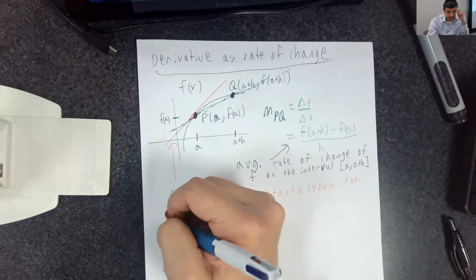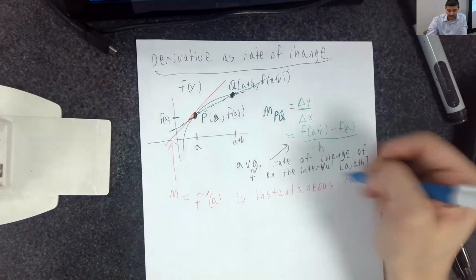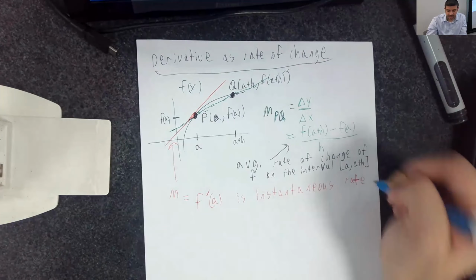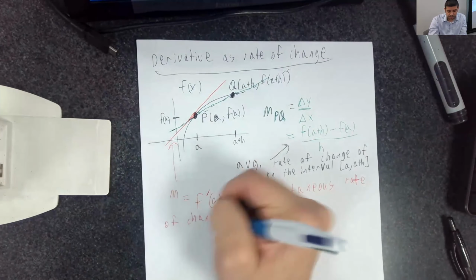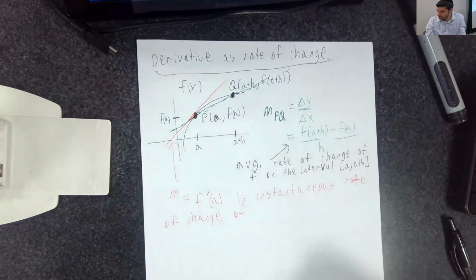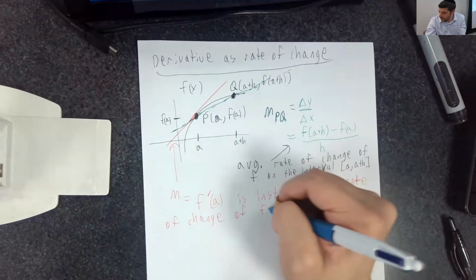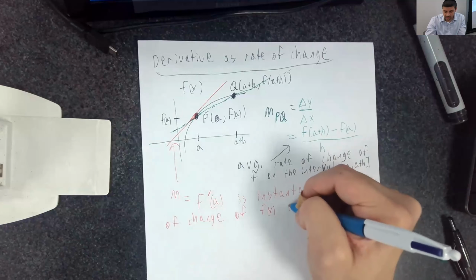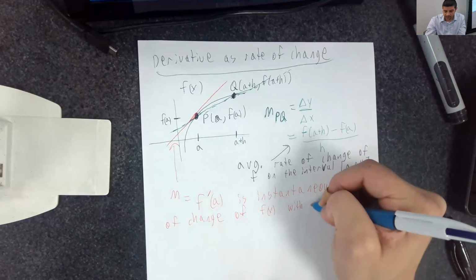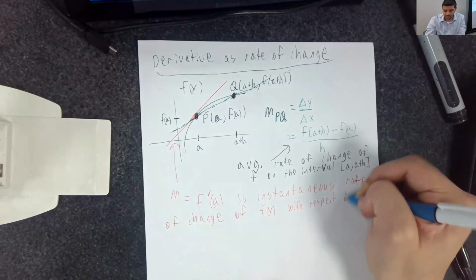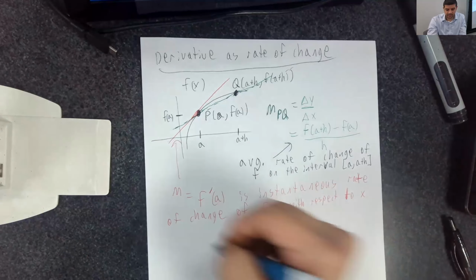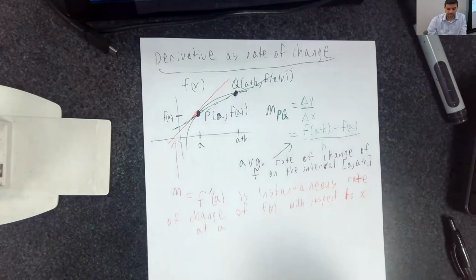Right, similar to instantaneous velocity for any random function, this is the instantaneous rate of change of f of x with respect to x at a.